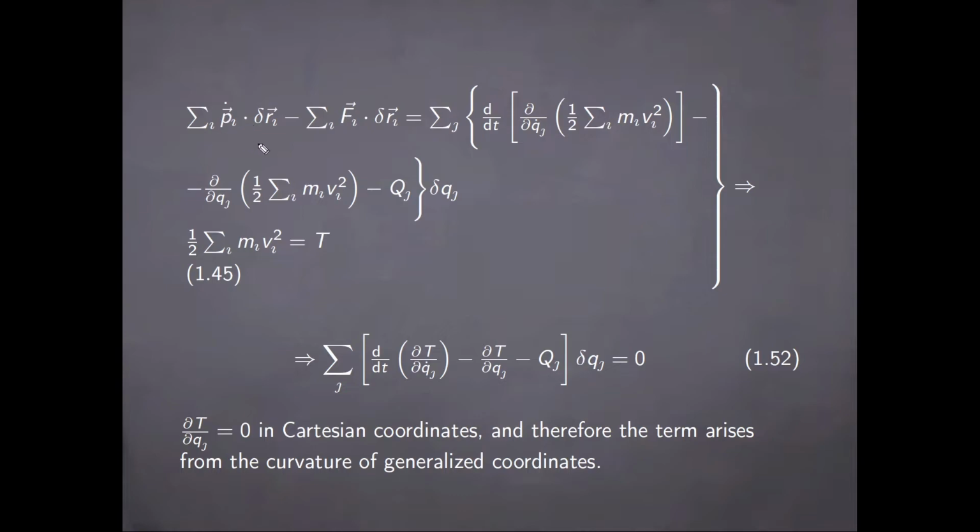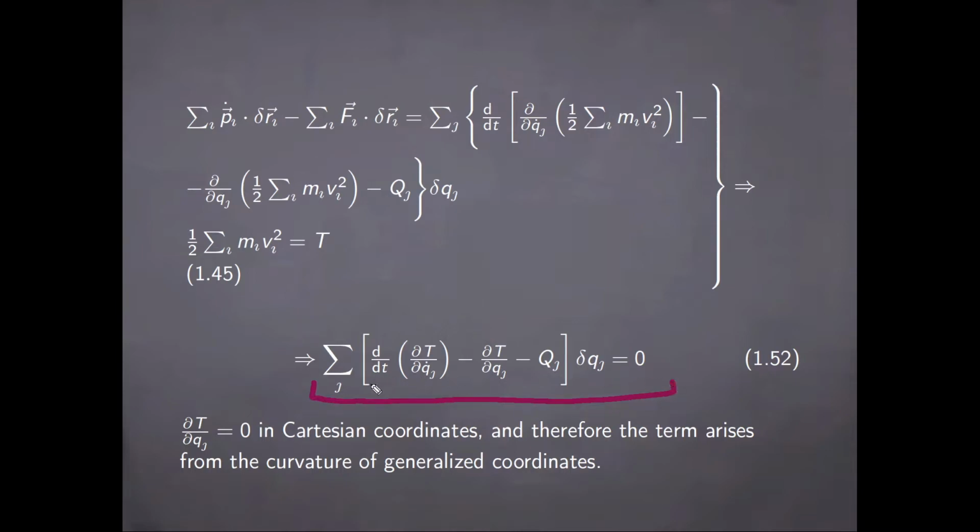So the first dot product involves derivatives of the kinetic energy, and the second dot product is just the generalized force. And this expression, with the definition of the kinetic energy and the fact that we want the principle of virtual work to equate to zero, leads us to the condition here.